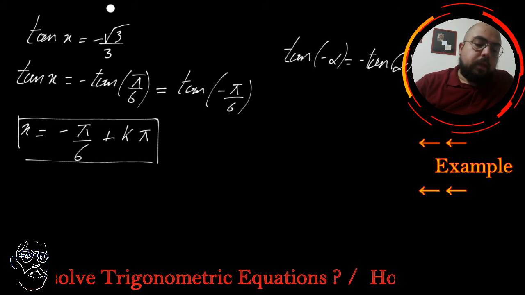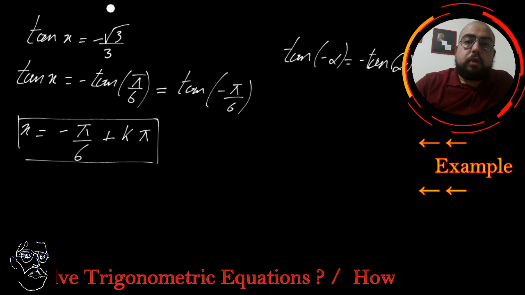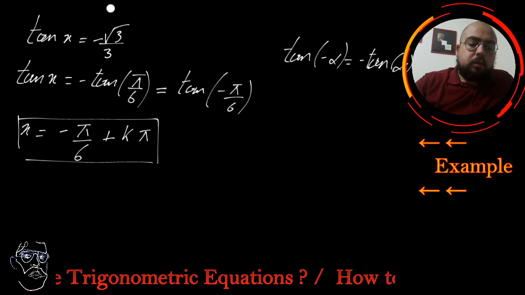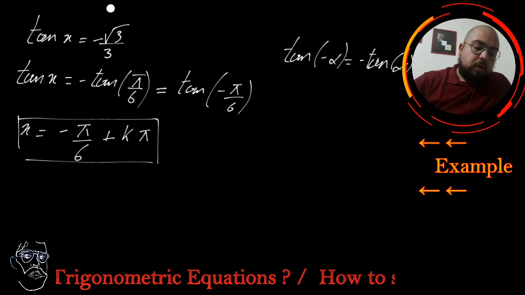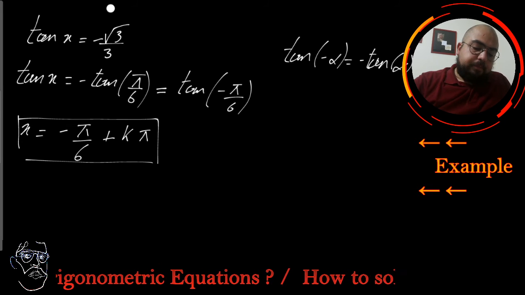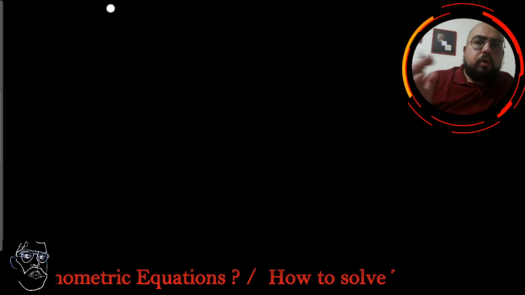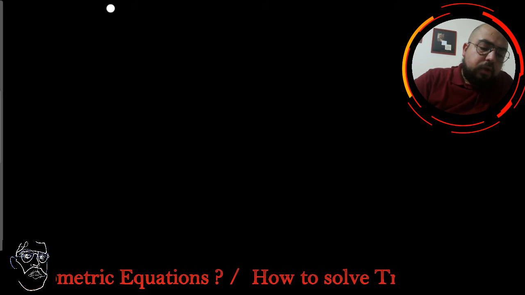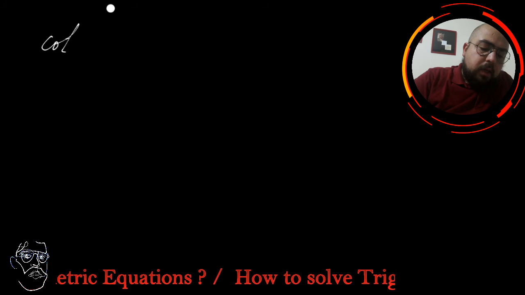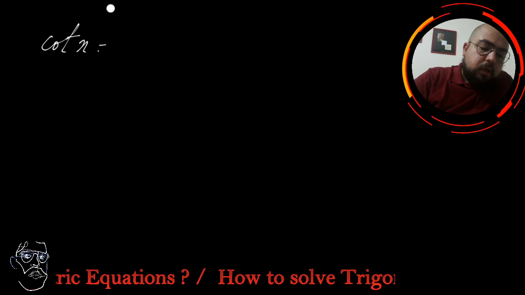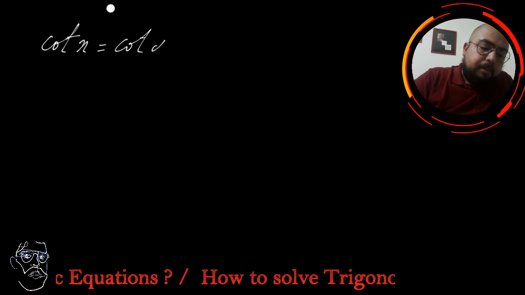Alright? I'm going to talk also about cotangent. We're going to take one last example with cotangent, and we'll be able to finish this part. So cotangent is going to be the same thing as tangent. Cotangent of x is equal to cotangent alpha.